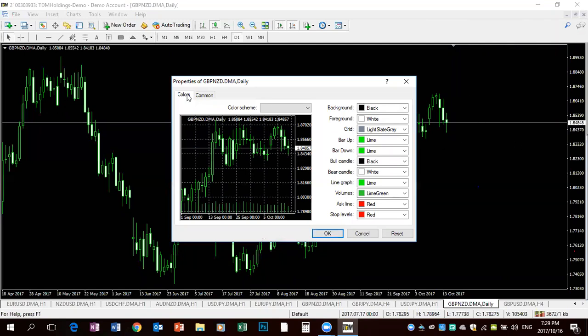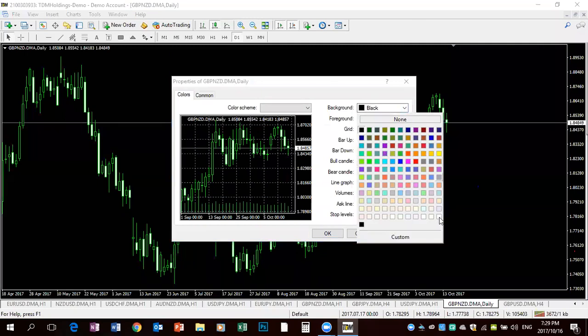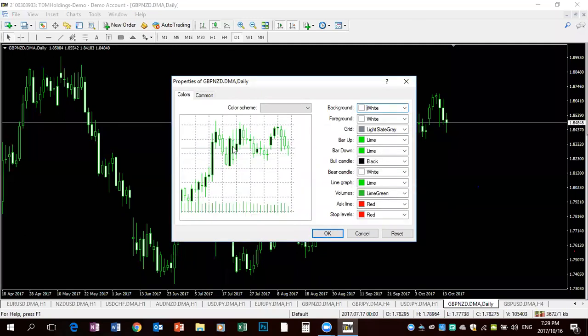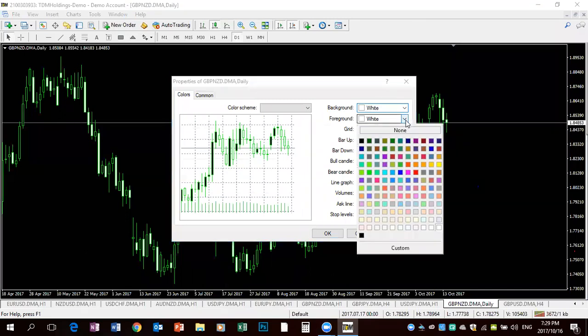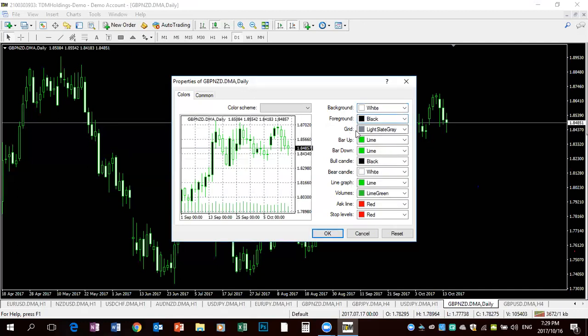All right. I'm under the category colors. Now the first thing I want to change is my background. I want to make it white. Let's change it. It's white now. Another thing that I want to change is my foreground, and I go and change it and make it black. My grid, I'm not interested with my grid. It's where my price is gray. That's fine. My bar up, all the candles that are going up, I want to make them lime.